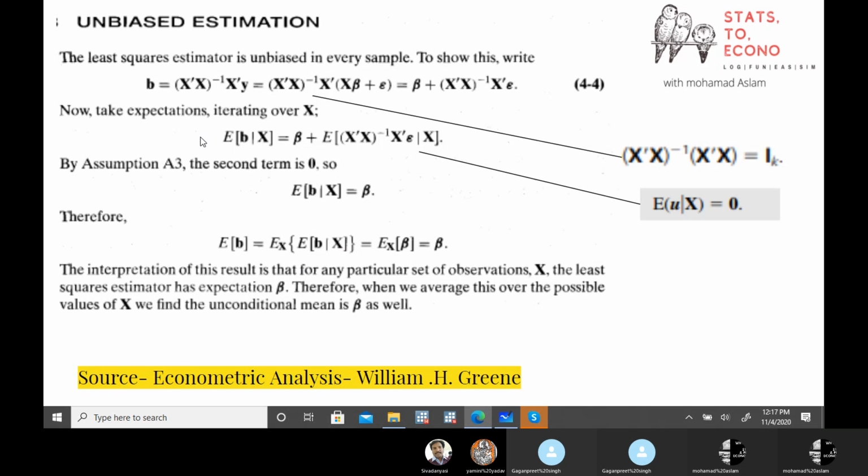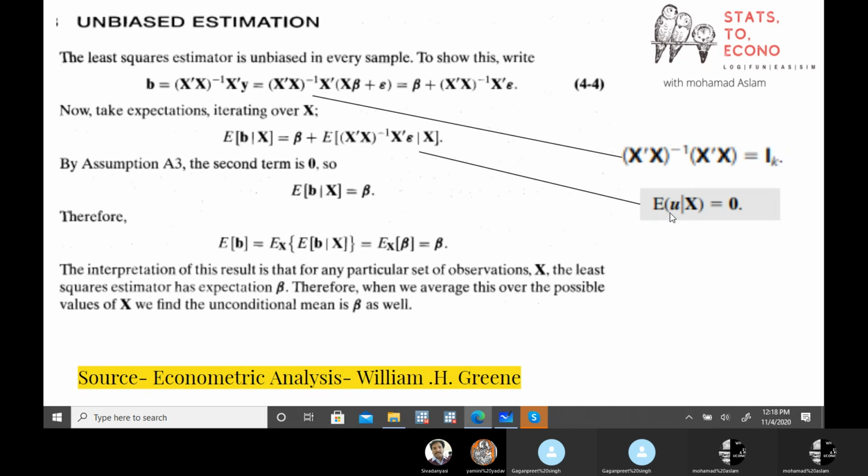Now take expectation on both sides. The expectation of a constant is the constant, that we proved last time, and that's a property of expected values. And then the expectation of the other terms. So now we know from this property that x is fixed in repeated samplings. So this expected value is only going to be for the residual term.